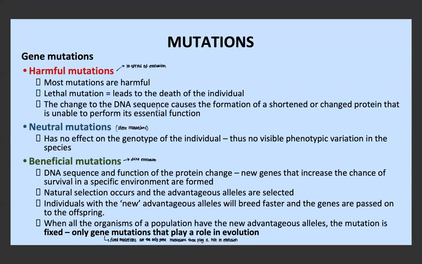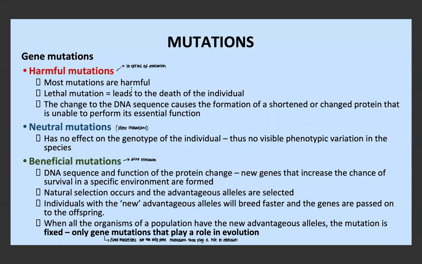When we look at evolution, we classify gene mutations or all mutations into 3 categories. We mostly look at gene mutations simply because most chromosomal mutations, not only are they almost always harmful, but a lot of the time they result in a miscarriage. Obviously, we're not going to focus on that for evolution because miscarriages don't continue the population.